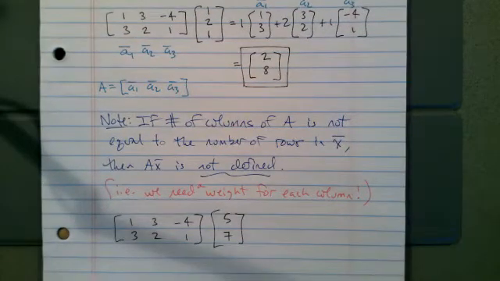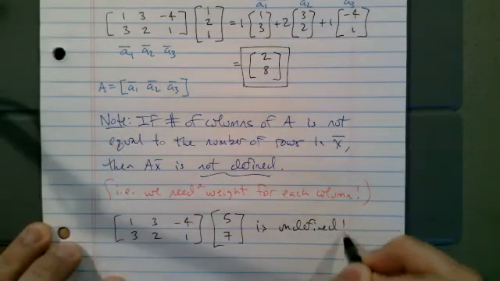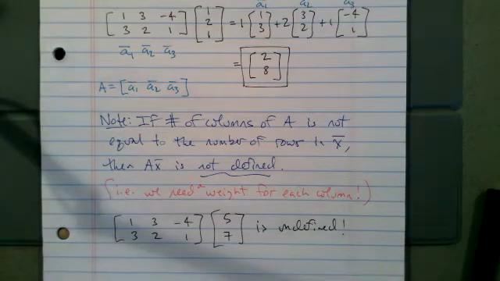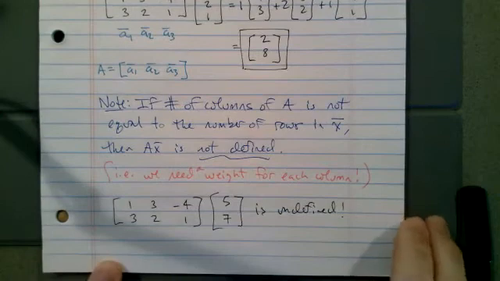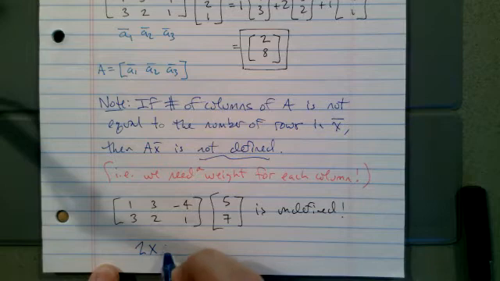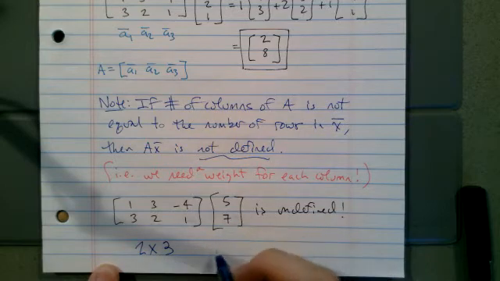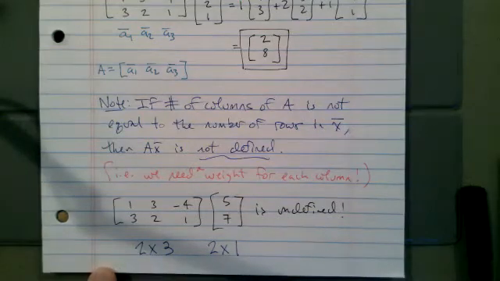I don't have a weight for each of the columns. The matrix A is 2 by 3. The vector X is 2 by 1. And we have no match in the number of columns of A and the number of rows of X. A is 2 by 3, and X is only 2 by 1, and 3 is not equal to 2.